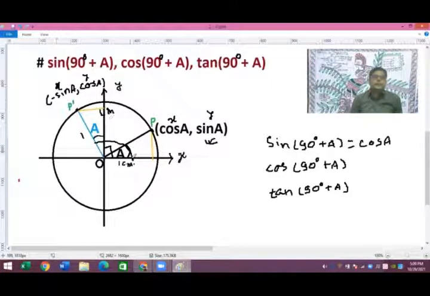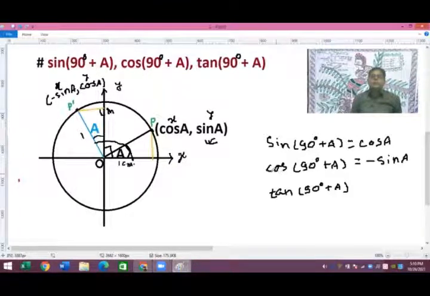When it was A it was cos A, and now when it is 90 plus A, that cos A has turned to negative sine A. So we can write that cos (90 degrees plus A) equals minus sine A, and you know that only sine and its reciprocal are positive in the second quadrant and the rest are negative here.